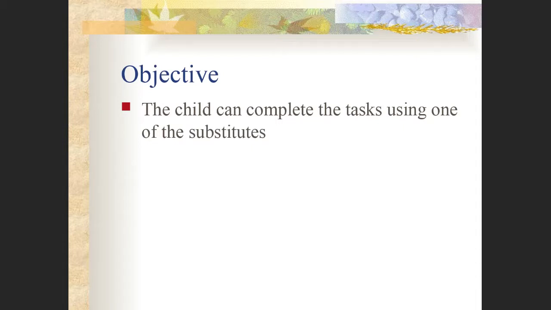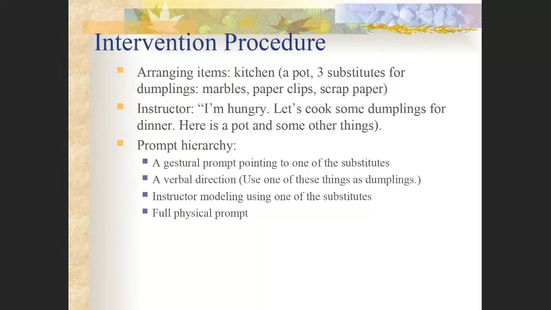All right, the objective, the target behavior, is that the child can complete the tasks using one of the substitutes provided. Here is the intervention procedure. Arranging the items, say in the kitchen, and the activity will be cooking dumplings.